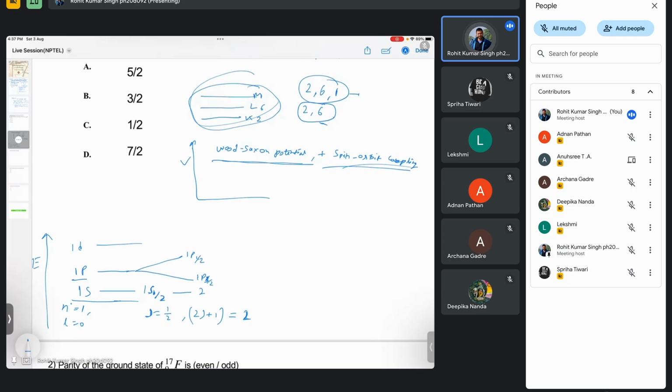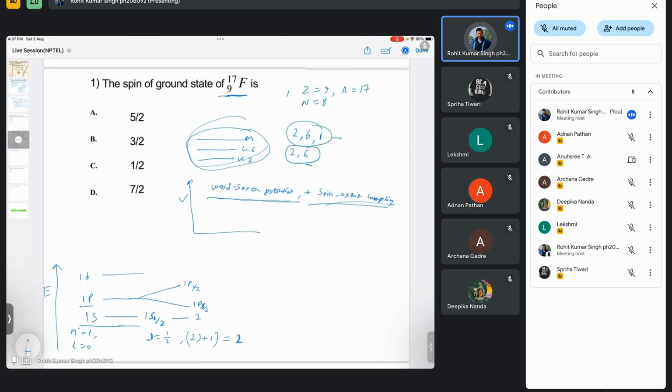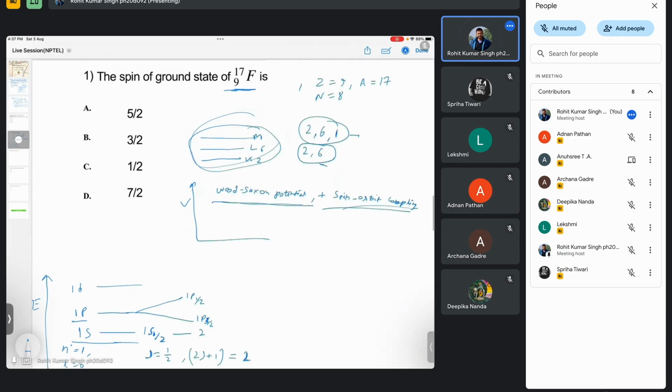So to solve this question, one thing you have to consider here is that in the shell model, there is one very strong assumption: that nucleon, either proton or neutron, which is not paired, will be considered.